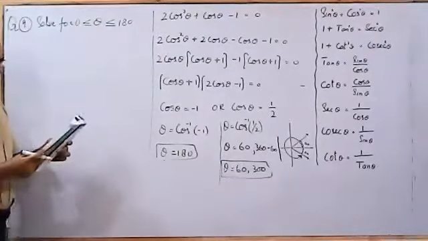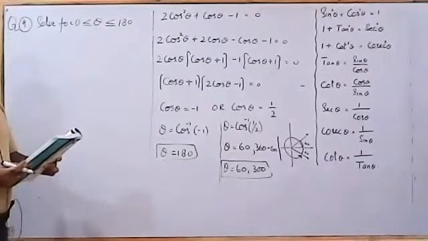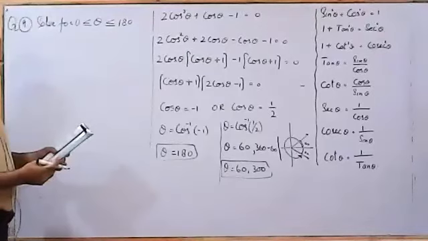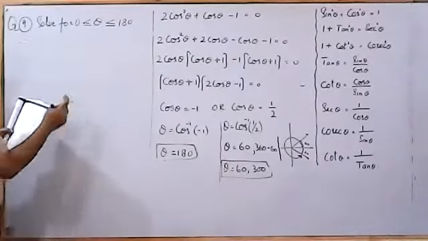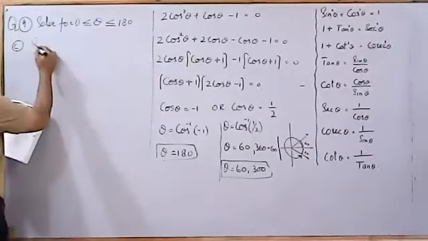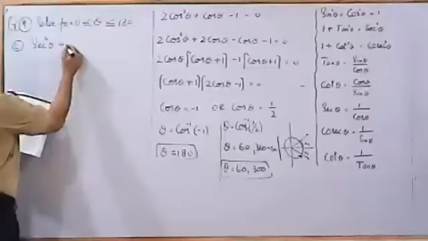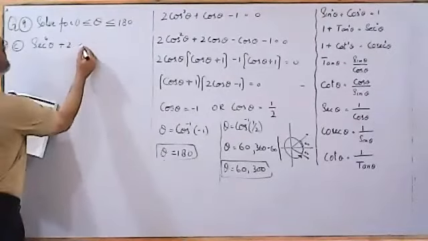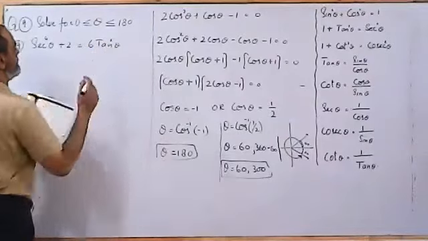In this case, the range is between 0 to 180 degrees. The C part I can solve for you: secant 4 theta plus 2 is equal to 6 tan square theta.